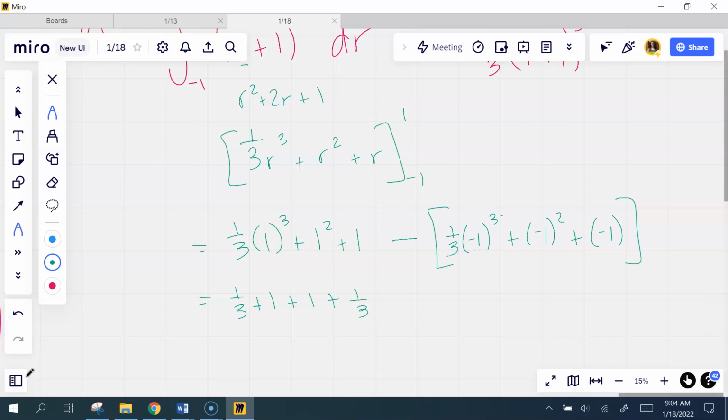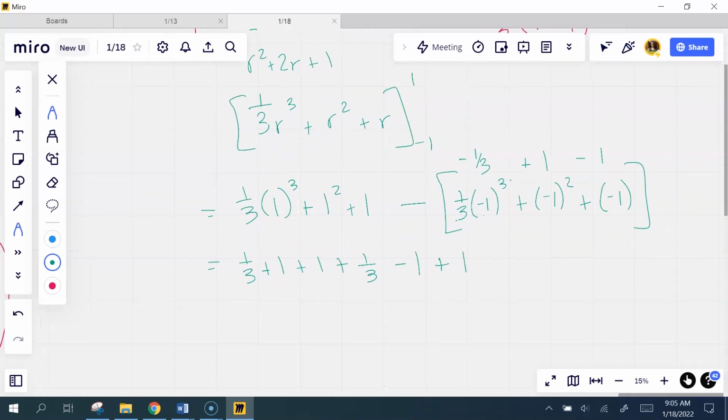Oh, but it's going to be positive, right, because this is -1/3. I did the long way here. -1 plus 1. I got 2/3 plus 2, which would be 6/3, so 8/3.